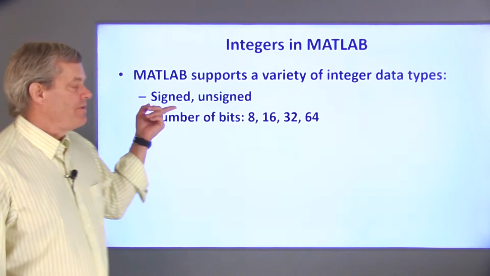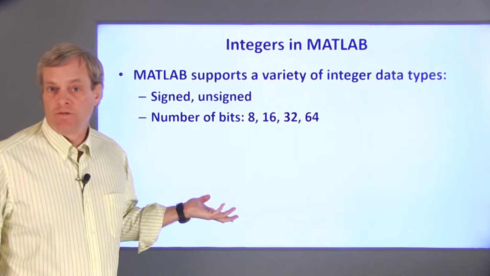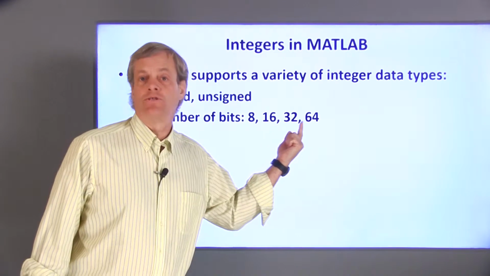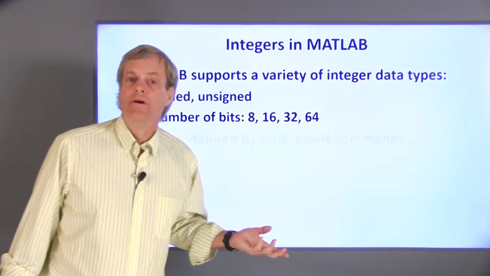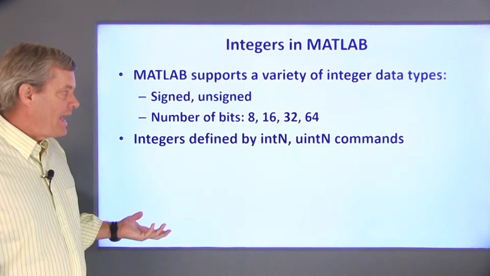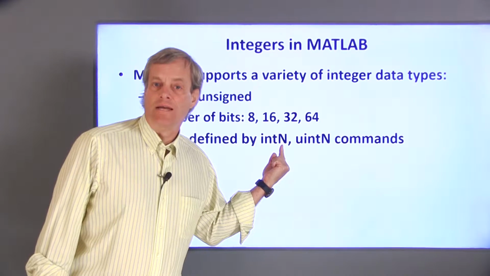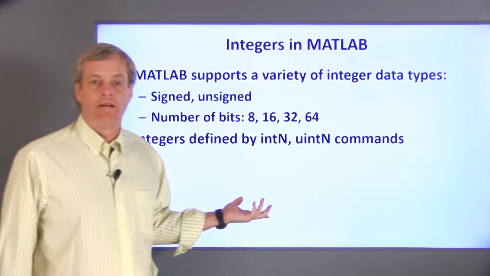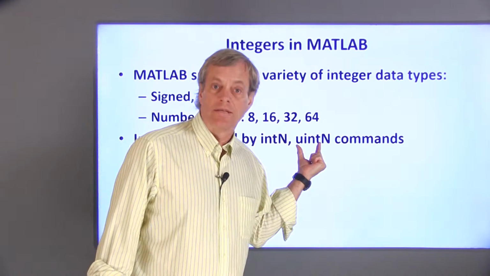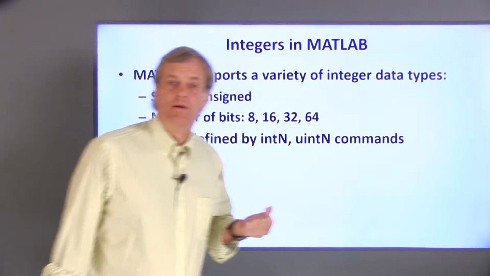MATLAB allows you to create both signed and unsigned integers with 8, 16, 32, or 64 bits. The command to create a signed integer is int followed by the number of bits. Unsigned integers are created by a command starting with uint and then the number of bits.